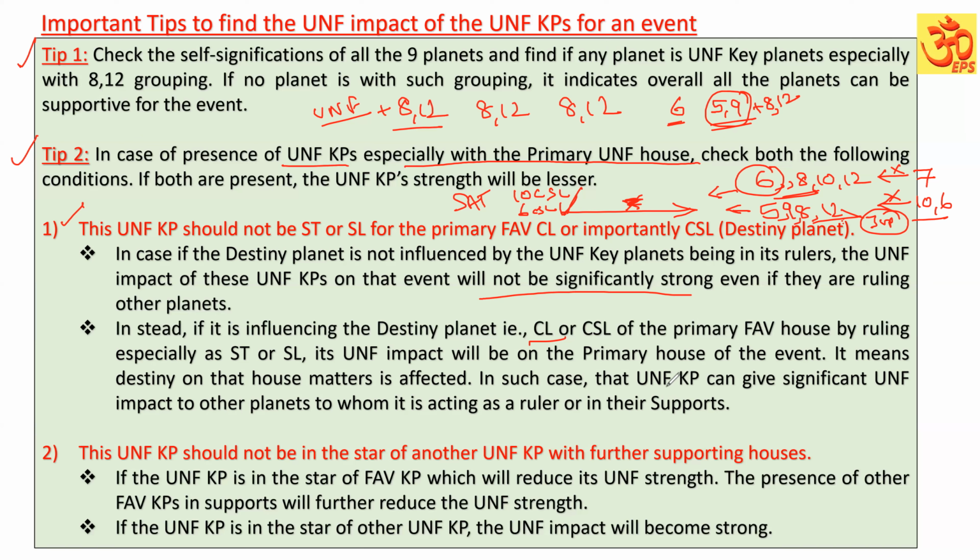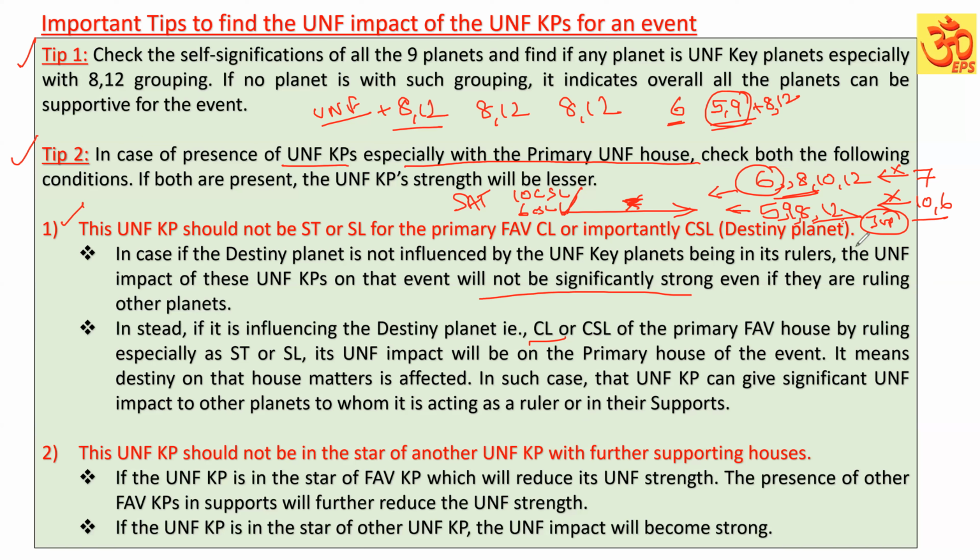In such case, that unfavorable key planet can give significant unfavorable impact to other planets for whom it is acting as ruler or in their support. As I said, Saturn itself is the star of Jupiter or sub of Jupiter. Saturn is the 10th ruler or 6th ruler.